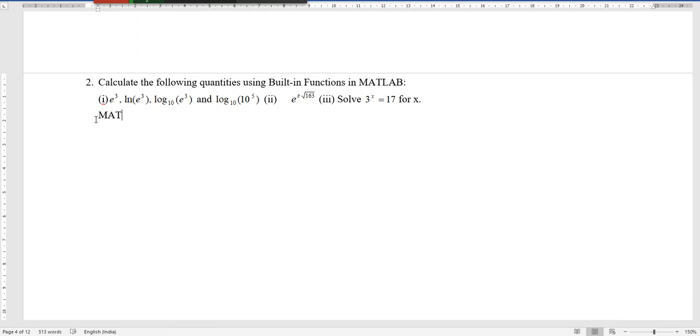Matlab code. First question, Matlab code.